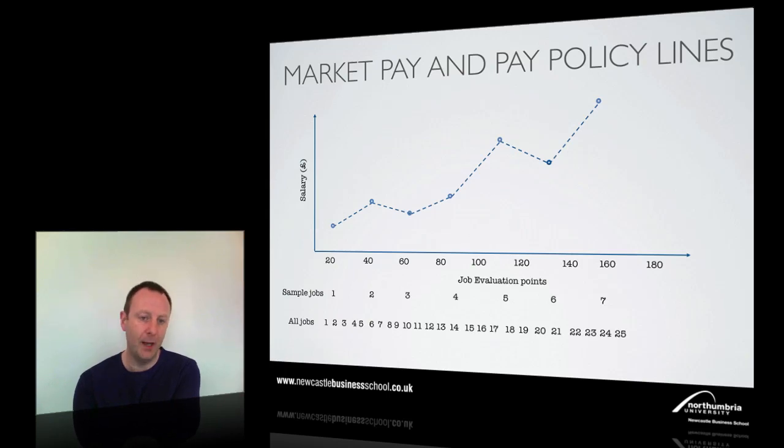And we plot them. And we identify a nice ziggy-zaggy line. Now this is effectively our market line. But the problem that we have is that if we try and apply this to all of the other jobs in our organisation, we get all kinds of inconsistencies because the line isn't straight, and it's not curvilinear, it's a ziggy-zaggy line, and it goes up and down and round about because of all of the inconsistencies that we've talked about.